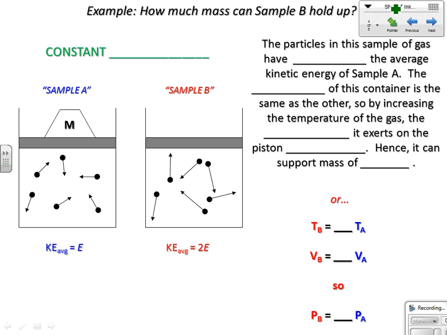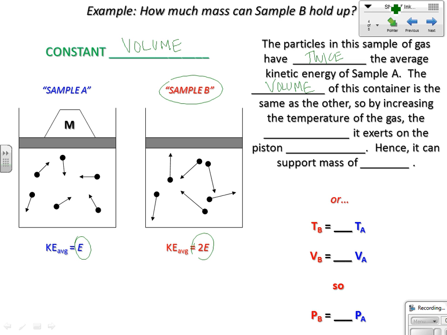Well, they have a constant volume, the same exact volume. The size of the container is the same. We're going to fill in some blanks here. Particles in sample B have twice the average kinetic energy of sample A. The volume is the same.